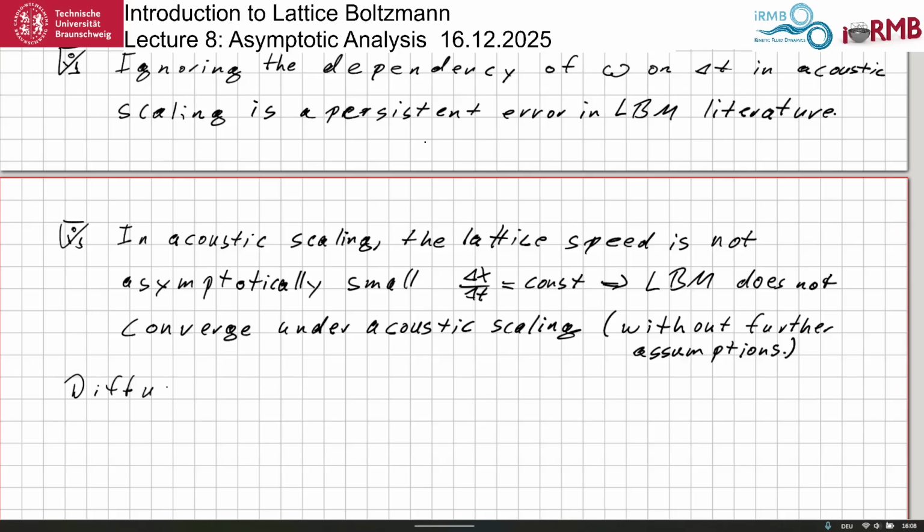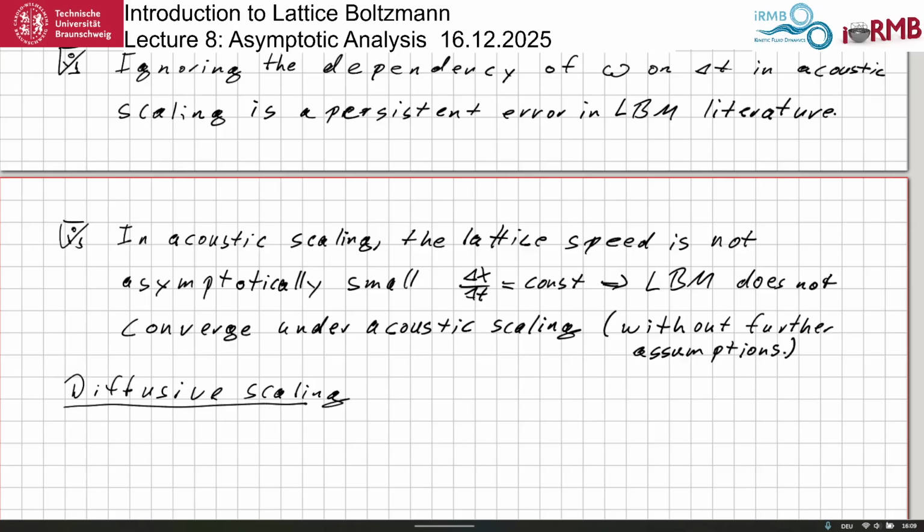So therefore, there is something that somebody called, for example, Paul Dellert, when I talk about diffusive scaling, he said this is cheating. Yeah, okay. You could say people use acoustic scaling and they just choose a velocity that's small enough and say, okay, it does not converge when I make it small, but I'm fine with this. If you are happy with your method not converging, you can use acoustic scaling.